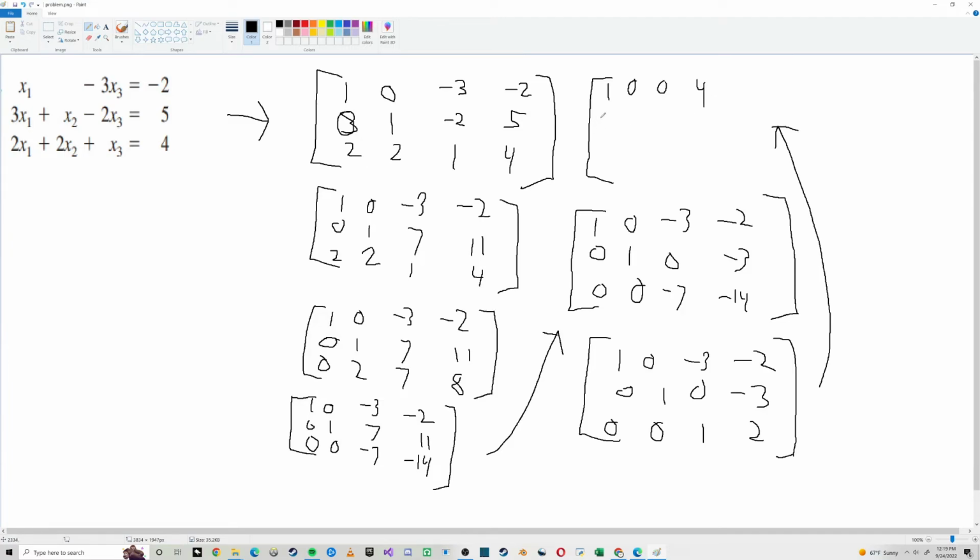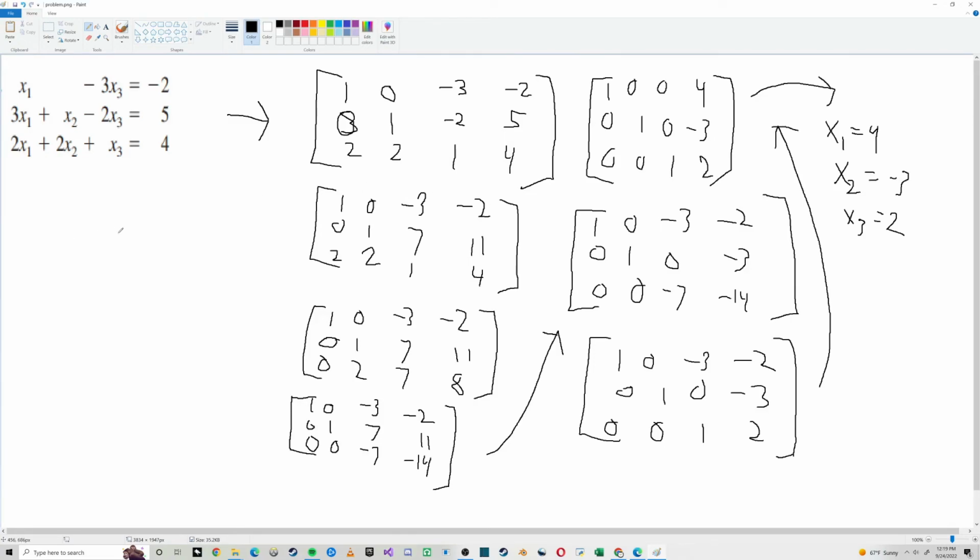So up there, 1, 0, 0, 4, 0, 1, 0, negative 3, and then 0, 0, 1, and we have a 2. So transferring our augmented matrix back to equations, we get x1 equals 4, x2 equals negative 3, and x3 equals 2. As you can see, we got the same answers using Gauss Jordan as we did with just Gaussian elimination.